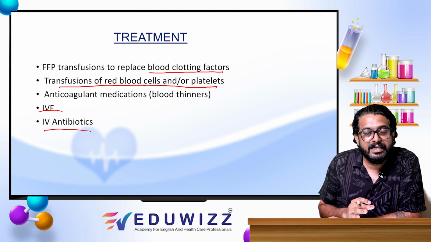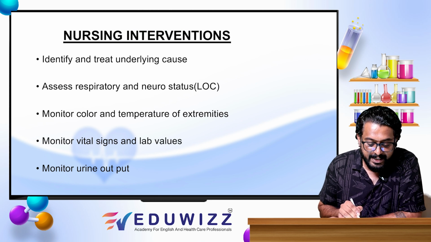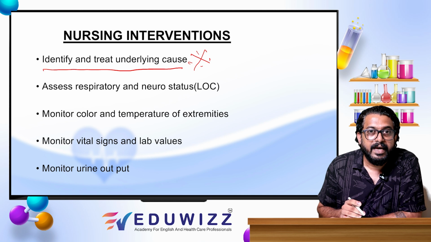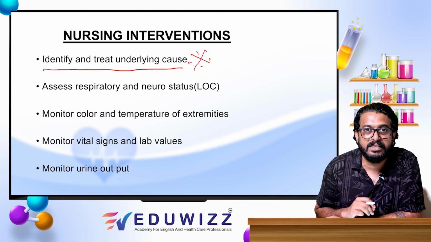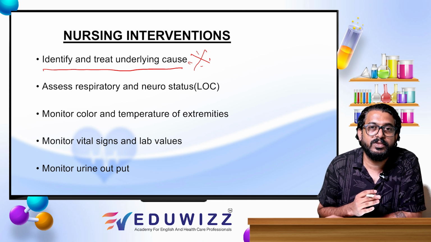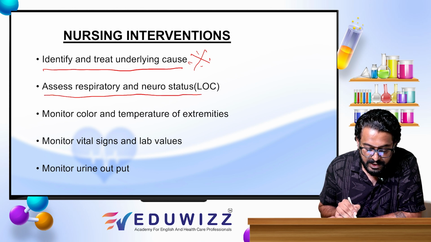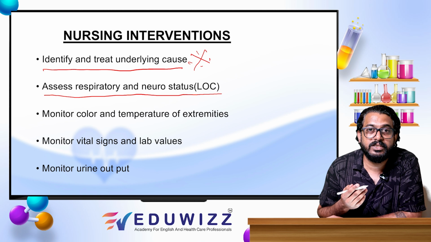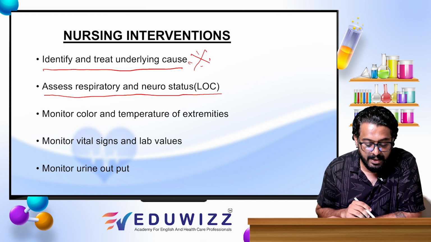So these are the treatments of DIC. Now coming to nursing interventions, as I said, the most important feature is to identify and treat the underlying cause. And we will do the basic initial assessments, as this might lead to severe complications such as shock, excessive bleeding and stroke. We have to assess level of consciousness and respiratory and neurostatus. Okay, so we will assess GCS to assess level of consciousness and neurovascular assessment.